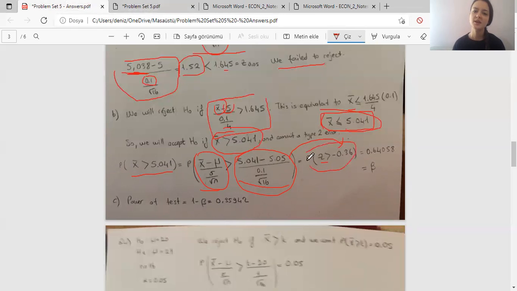Now we are looking at the table and finding that the probability of committing this error, type 2 error, is 0.64 approximately. So the power of the test in part C will be 1 minus the probability of type 2 error, which is B, is 0.36 approximately.